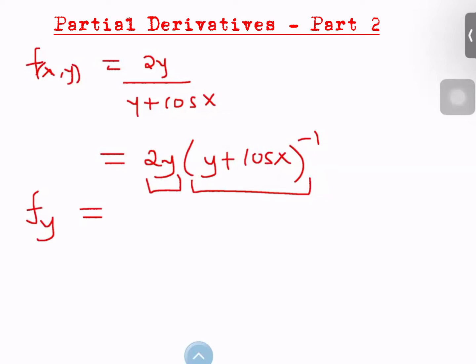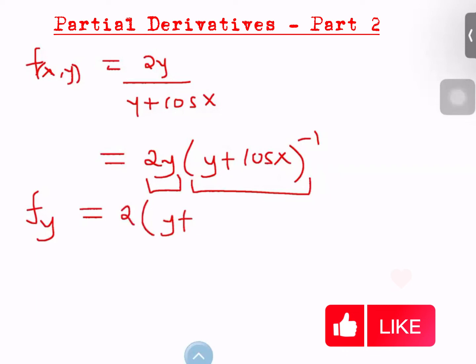2y, when we find the derivative of this, we get a 2 multiplied by (y plus cos x) to the power -1, plus 2y into -1 into (y plus cos x) to the power -2.